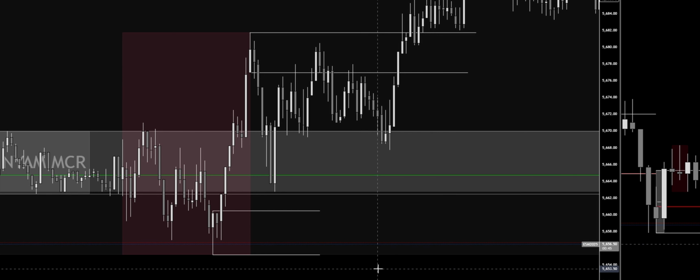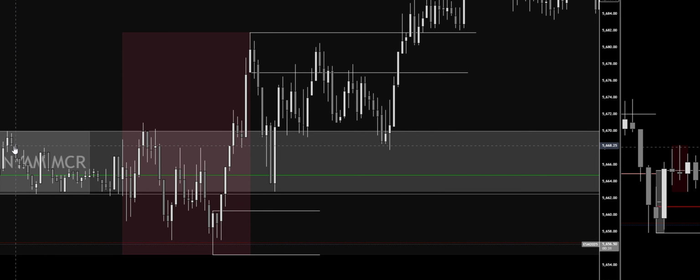We're trying to use this specifically only on an entry model that is reacting from an area of interest. So we have the New York AM MCR to our left. And then inside of that, we have a nano range, which is a 6 candle range at the start of MCR. That's the one highlighted in white. We have the normal MCR high and low with these lines.